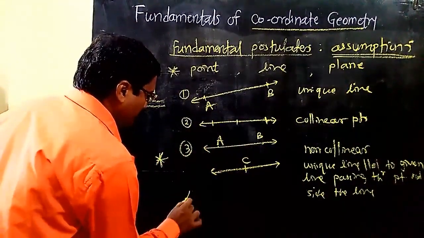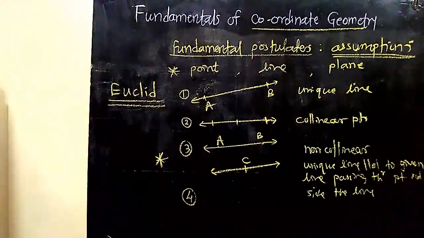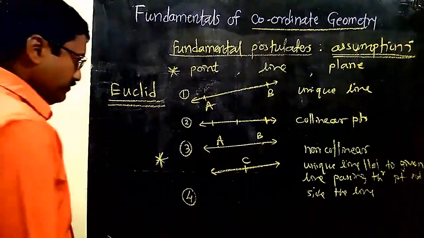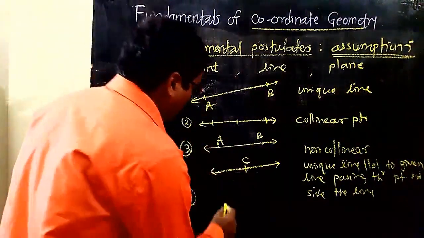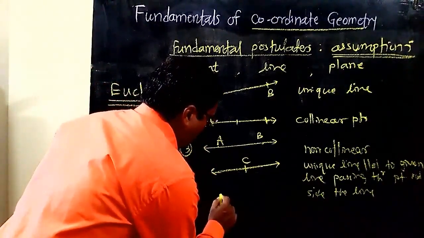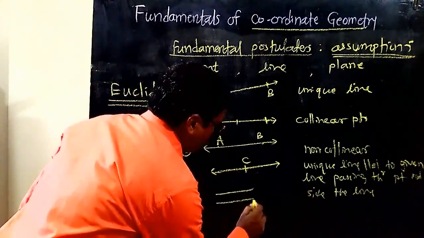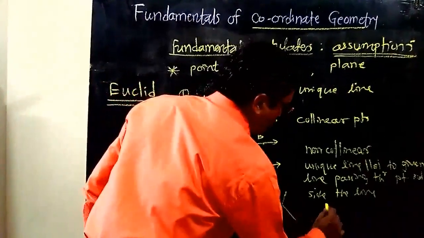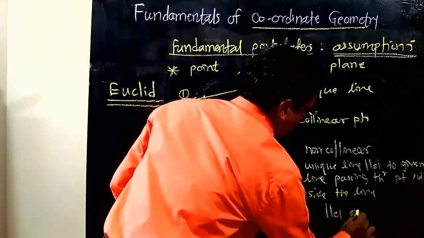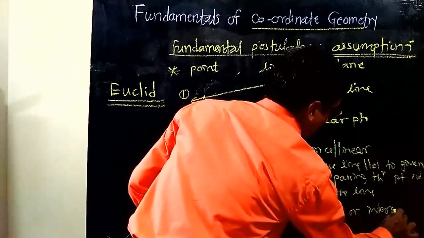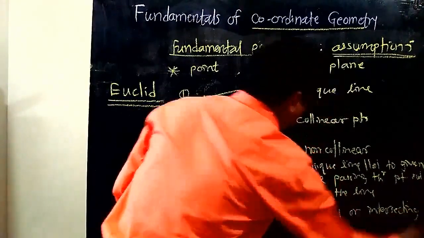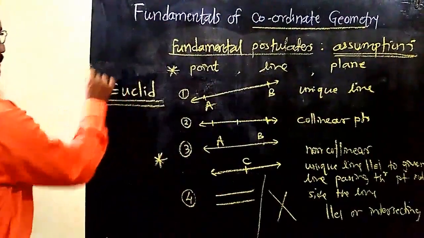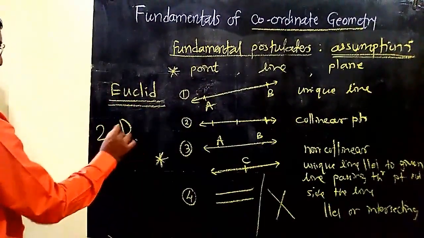Then the fourth one. If you take 2 lines, then 2 lines are either parallel or intersecting. All these concepts are related to 2-dimensional geometry.